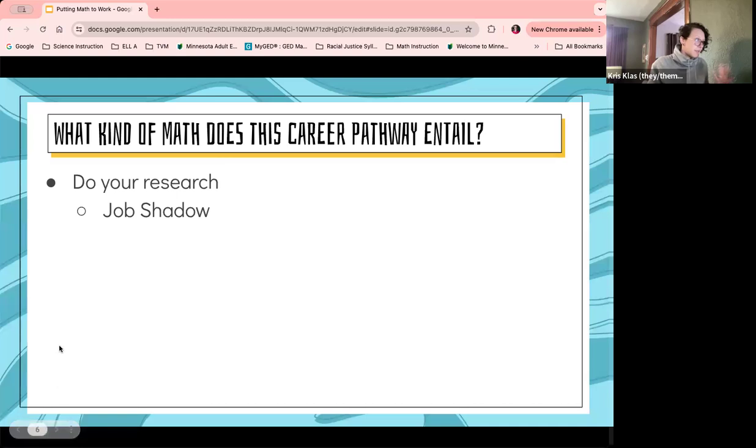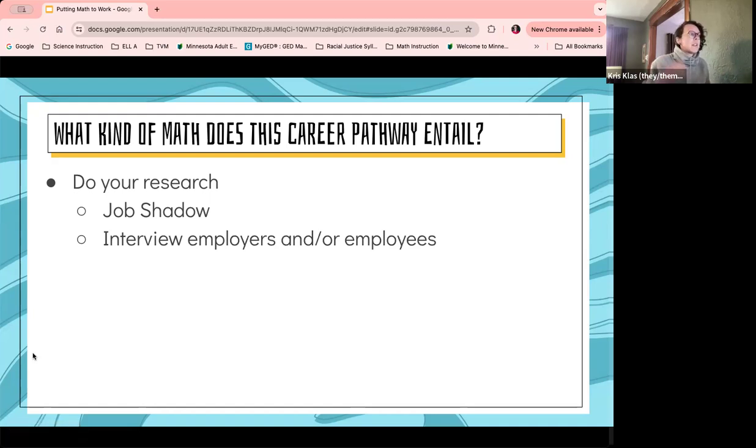So that's what feels ideal about the job shadow, but that's not always possible for you to go into one of those spaces. So some other things that you can do is interviewing employees or employers in the different industries.